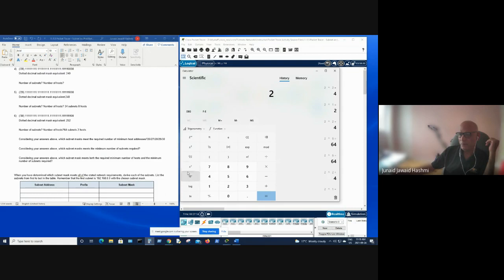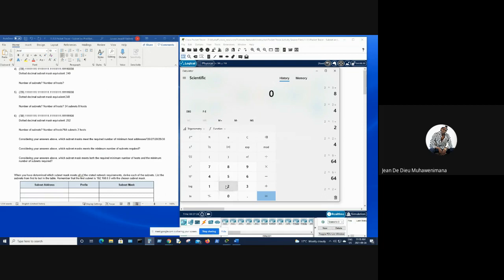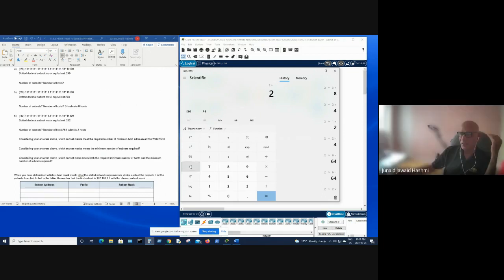Let's try to borrow 3. Only 8 hosts. Not good enough, so we need to borrow more. So we take 4. Borrow 4, only 16. Not good enough. So we just keep going until we get our required number of hosts.